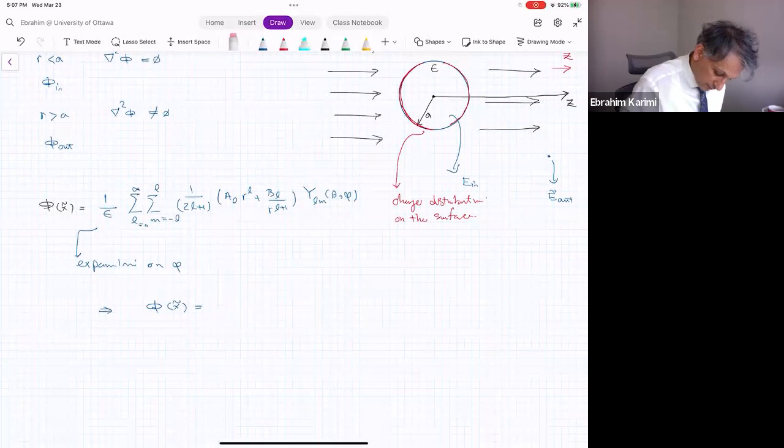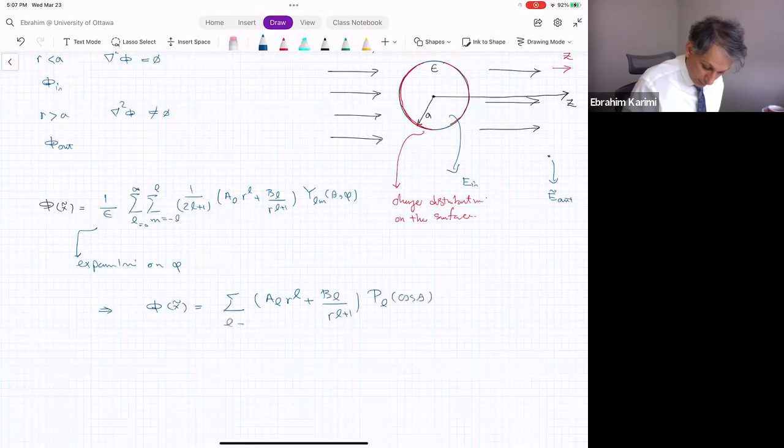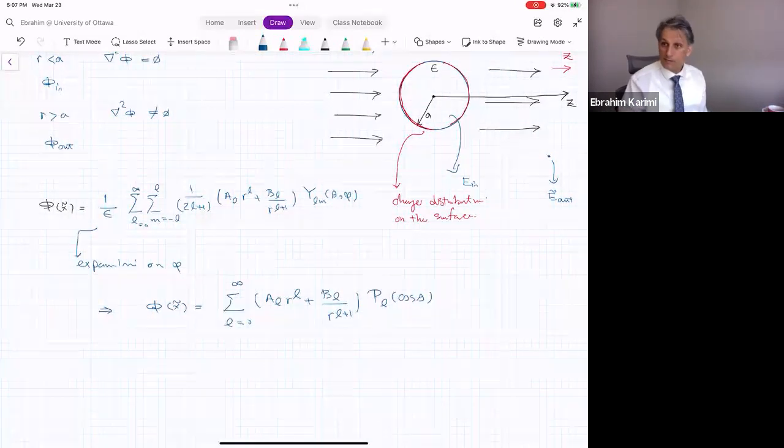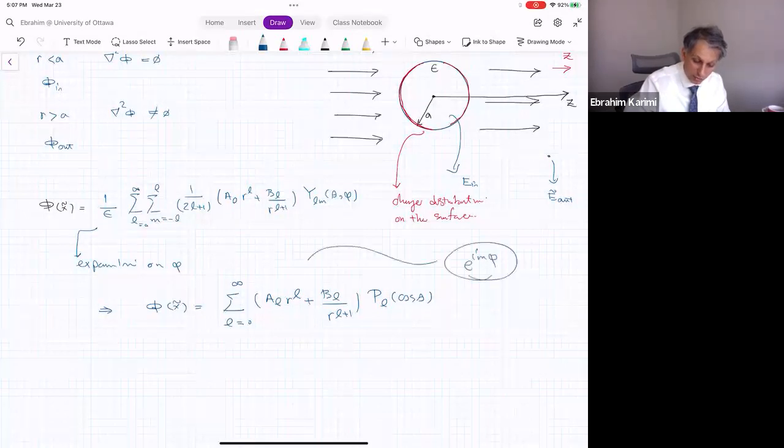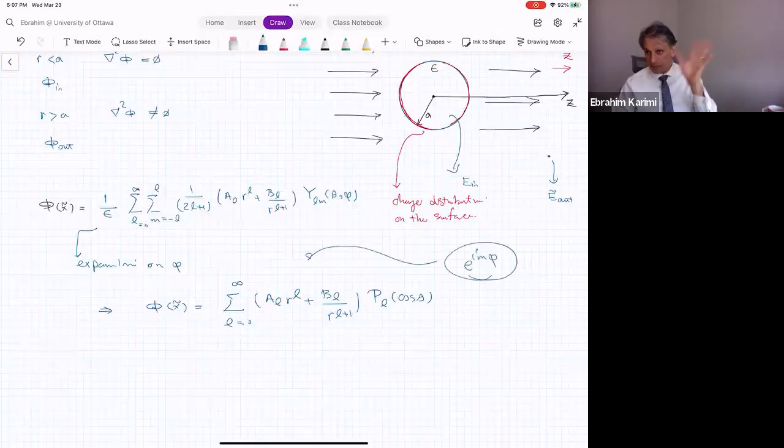Take away the phi, it was summation of AL R power of L plus BL R power of minus L plus 1, and then we have PL of cosine of theta, with L changing from 0 to infinity. So we are expanding in this term. Remember that there is no e power of i m phi due to the fact that this has cylindrical symmetry. So I'm not doing the YLM expansions, I'm doing simply in terms of Legendre polynomials.